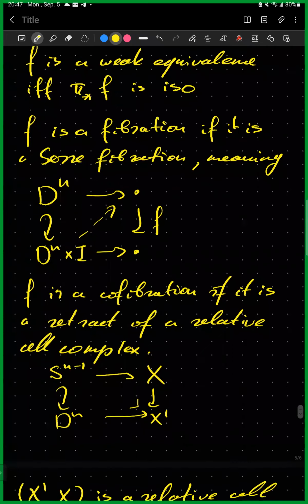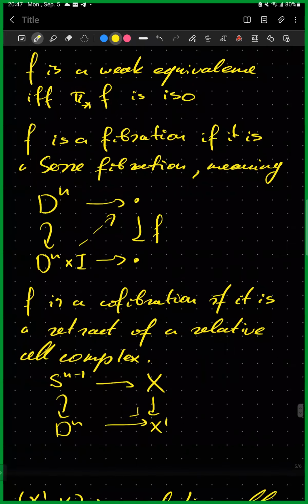But basically that is one way to define a model structure on topological spaces.